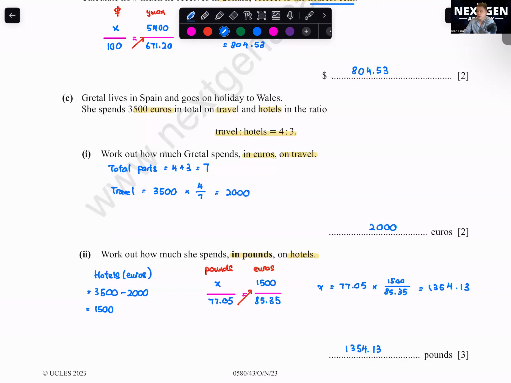Okay, this is page 1. Everyone okay? No questions? Mostly it's all conversion. So ratio. If you're not good with here, go and recap back on your ratio.